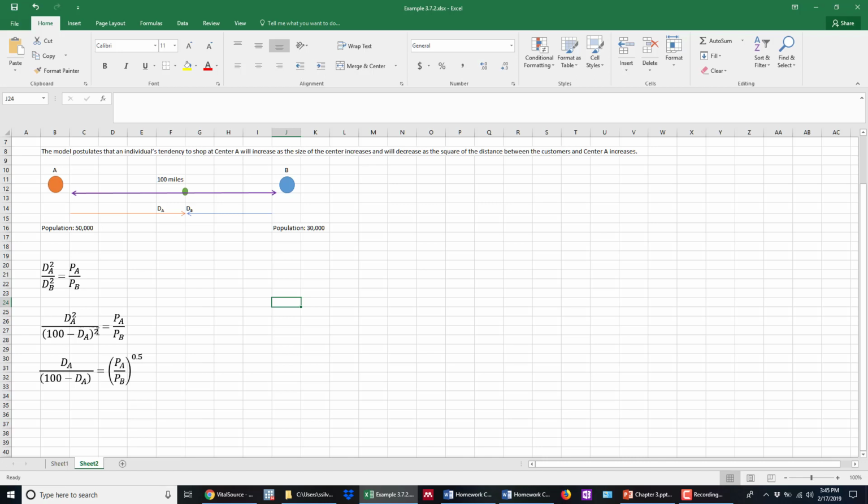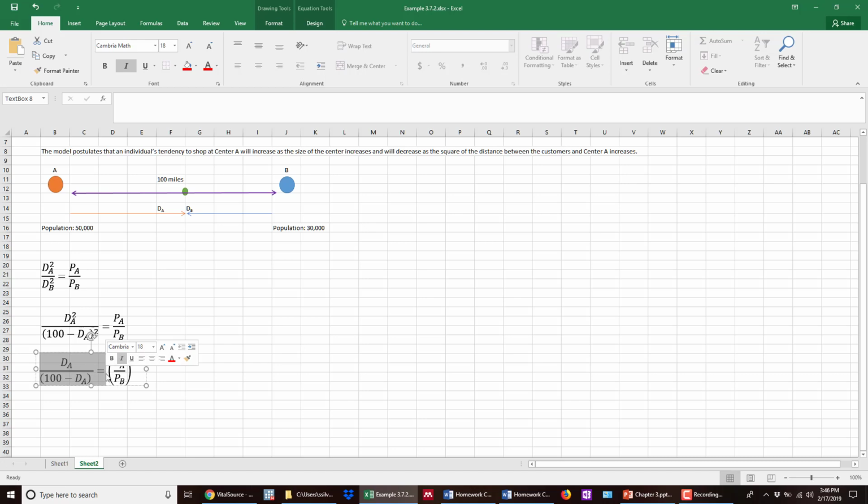I did that to get rid of this exponent here, since this is the variable I'm trying to figure out. So I took the square root of this side, then the square here disappeared. But on the other hand, I am taking the square root of this side as well, which is the same as power half. So I'm going to start solving this equation for dA.